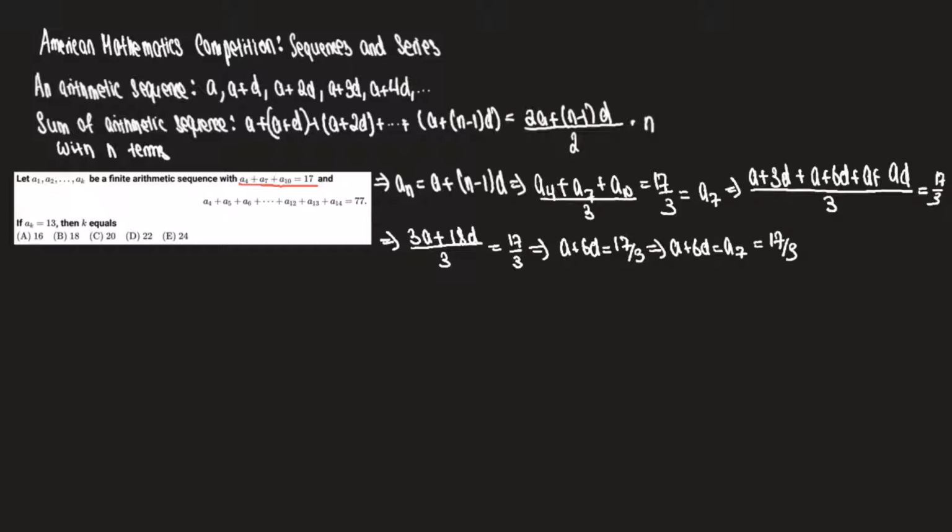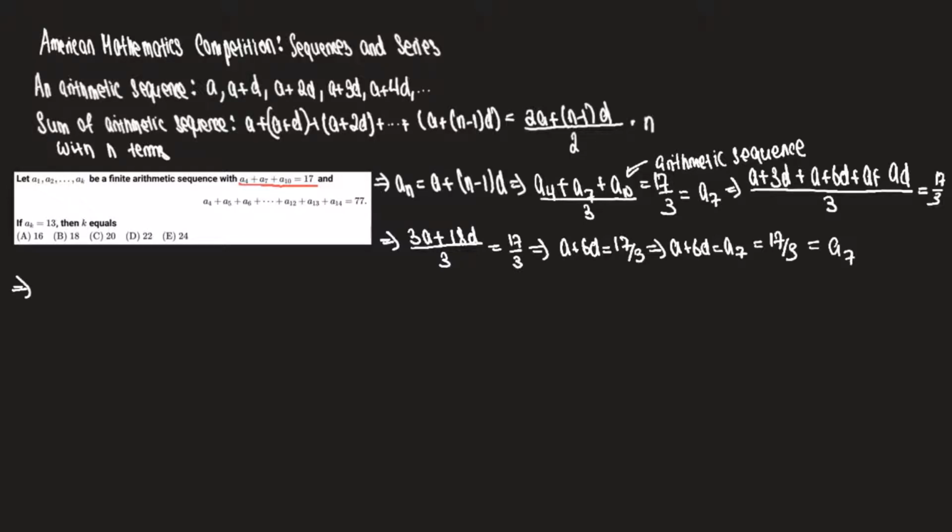That's the trick. The average of an arithmetic sequence is going to be the middle term.